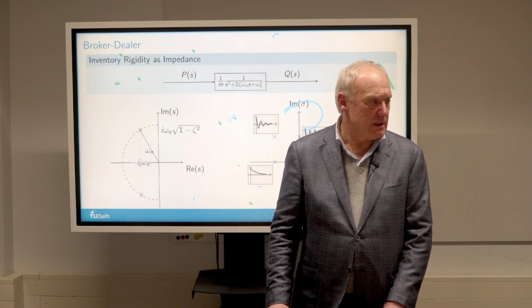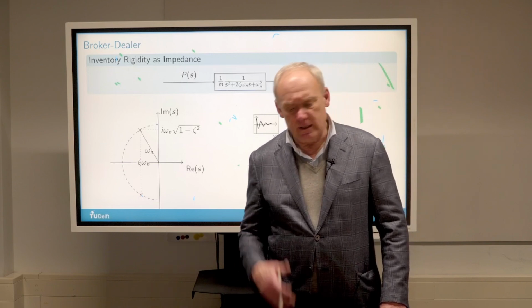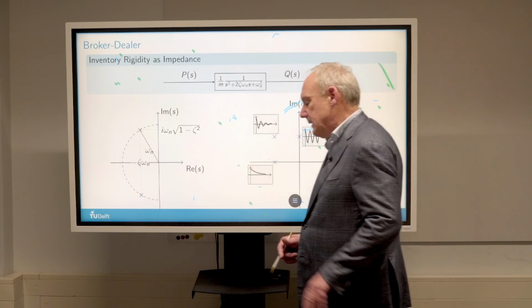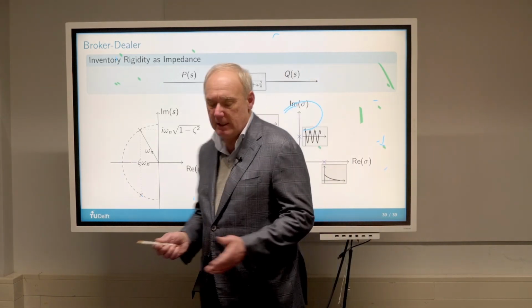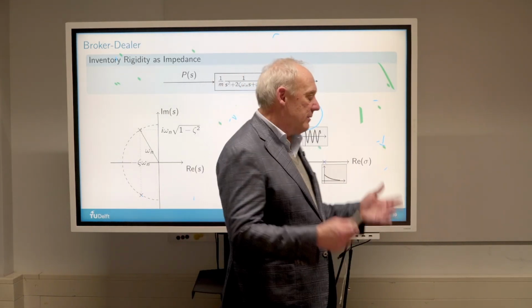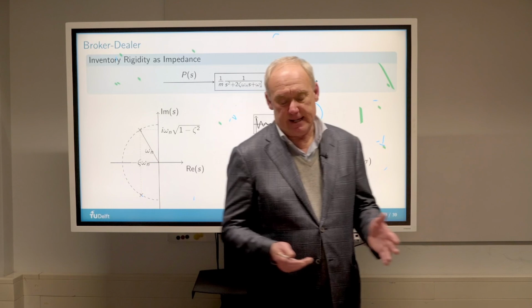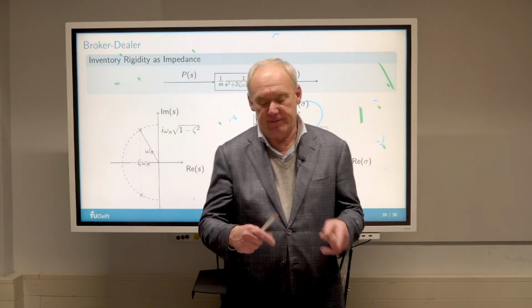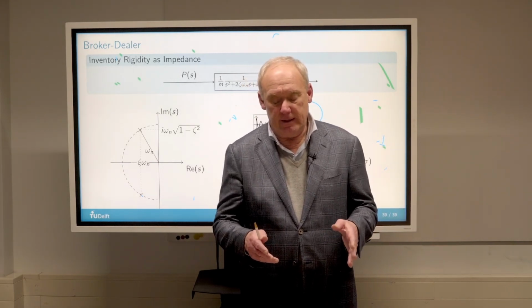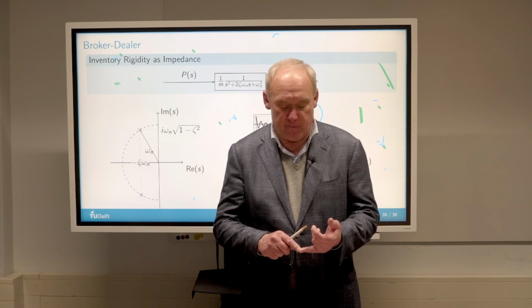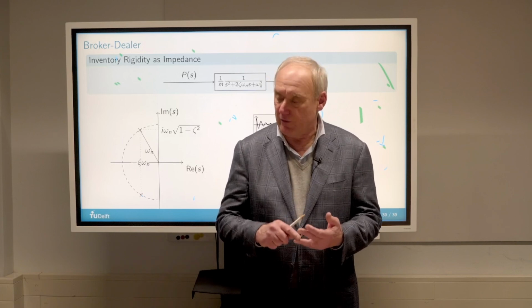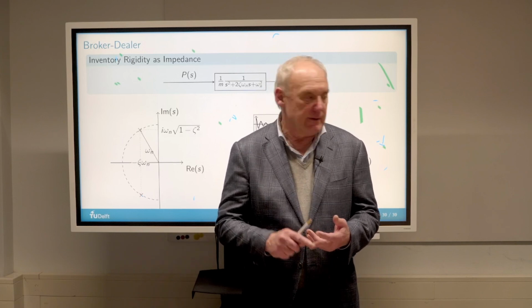Thinking in the frequency domain is much easier than in the time domain, because you can think of this demand graph as just there, instead of having three graphs: one for demand, one for a spring, and one for a damper.